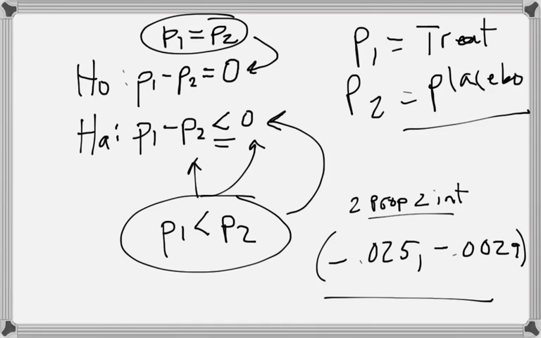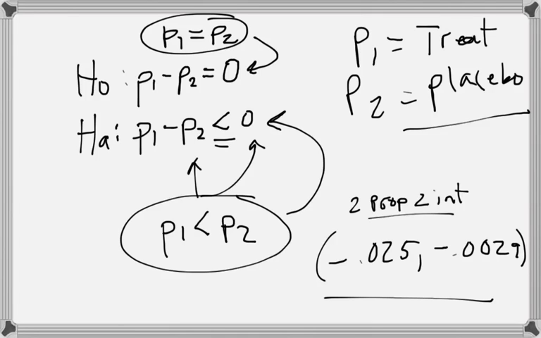This is an interval which has negative values. Remember, we're subtracting. We assumed the difference of P1 minus P2. So if I take the people in the medicine group minus the people in the placebo group, when I subtract, I should get a negative number if the medicine group really is reducing that number.